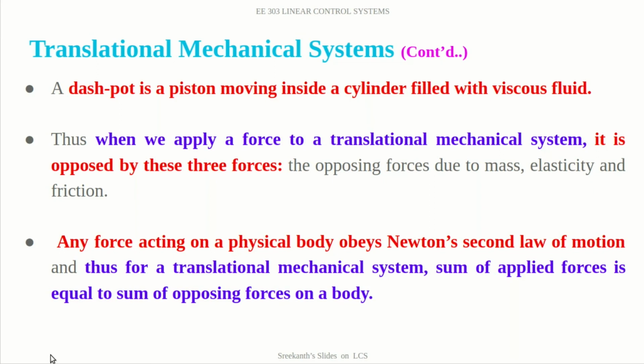Now, any force acting on a physical body obeys Newton's second law of motion, F is equal to ma, and thus for a translational mechanical system, the sum of applied forces is equal to the sum of opposing forces on the body, and it is by using this condition we try to develop a mathematical model for a translational system.